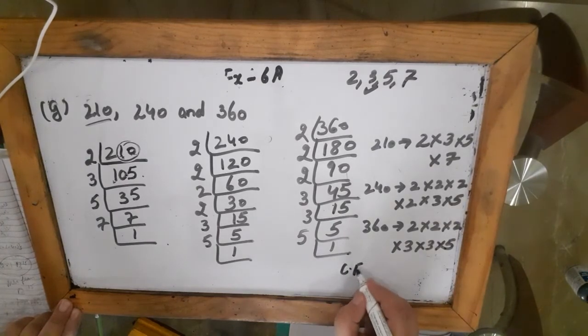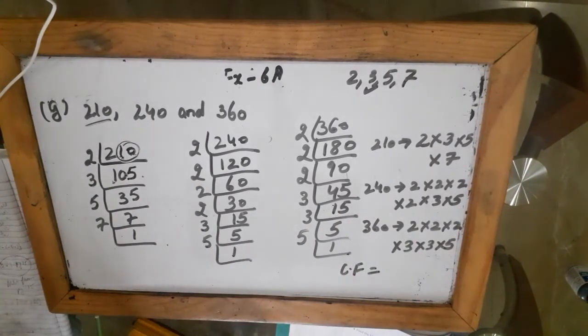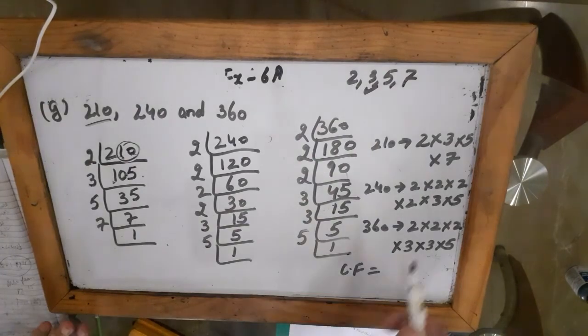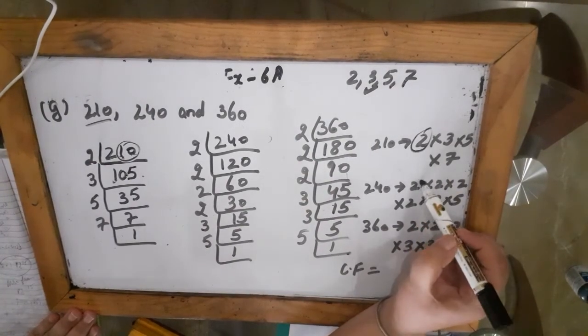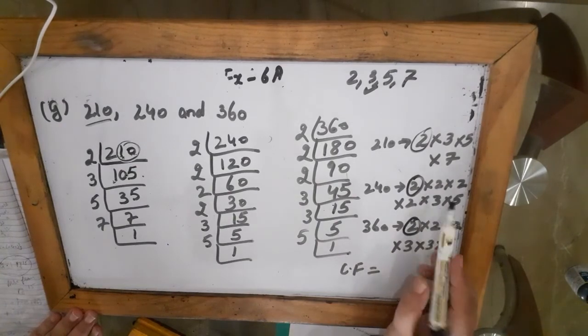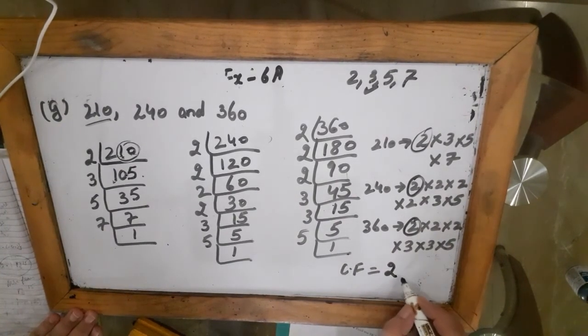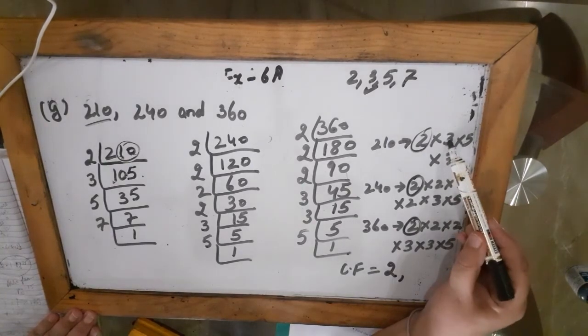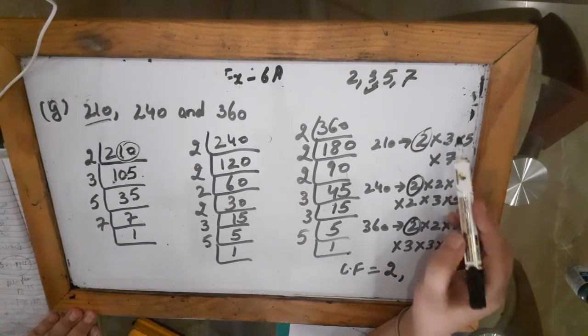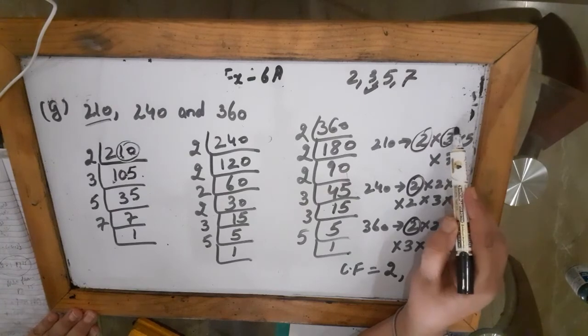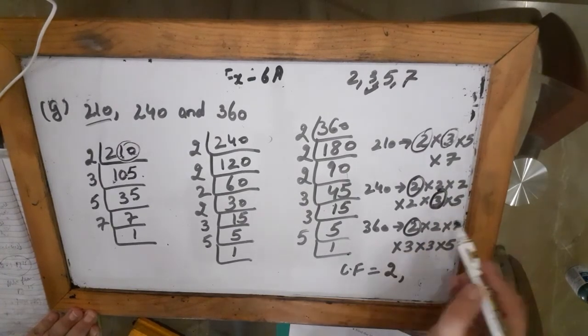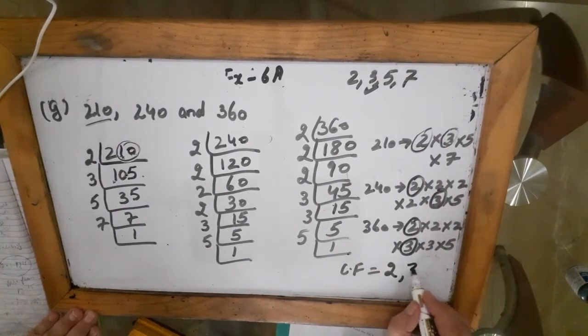Now I have to find the common factors. Since I have 3 numbers, I have to look for the common factors in all the 3 numbers. This 2, and this 2, is common in all the 3 numbers. I have taken it only once. Now this 3, 3, yes, 3 is in all the 3 numbers, so it's also common.